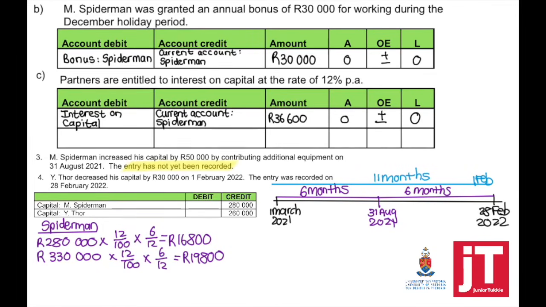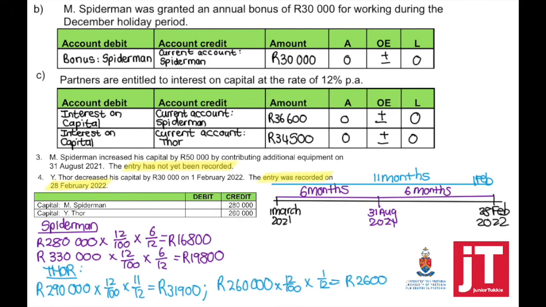To calculate 4: 4 decreased his capital by 50,000 on the 1st of February 2022. The entry was recorded on 28 February 2022. This means that the balance from the pre-adjustment trial balance is the balance at the end, and we need to work out the balance in the beginning.